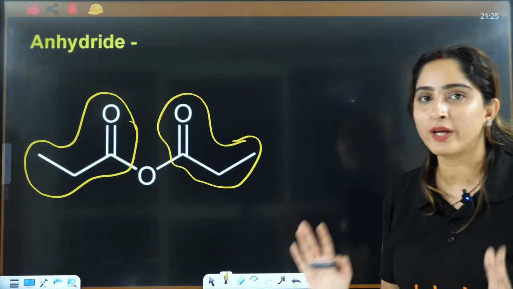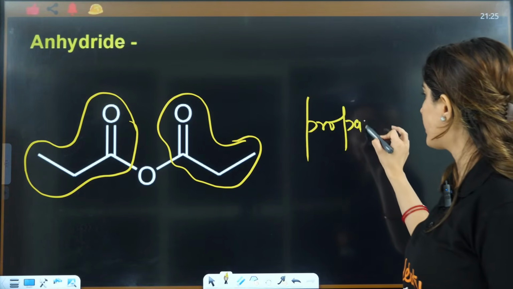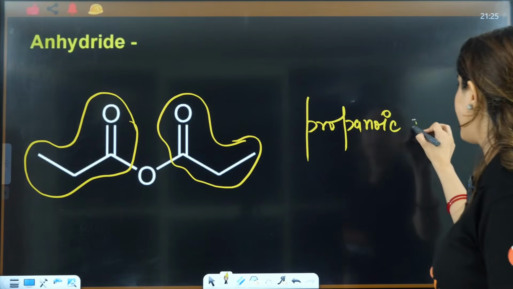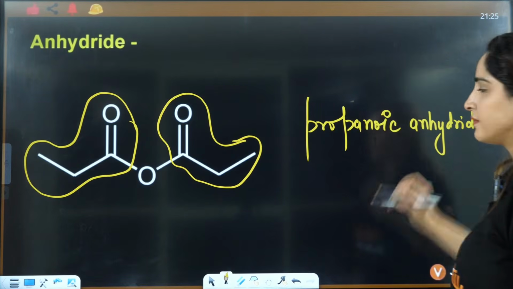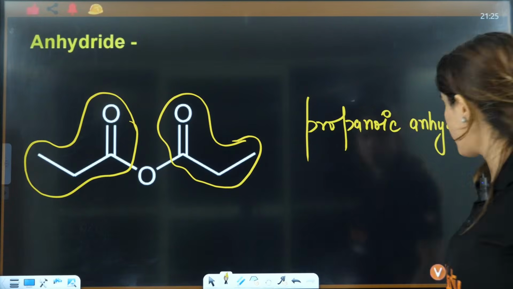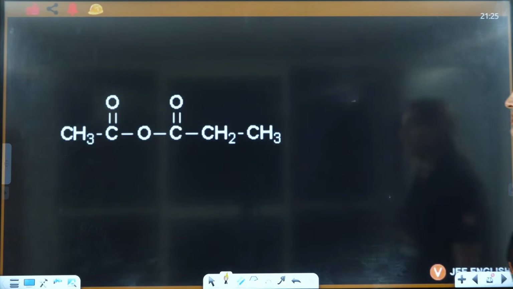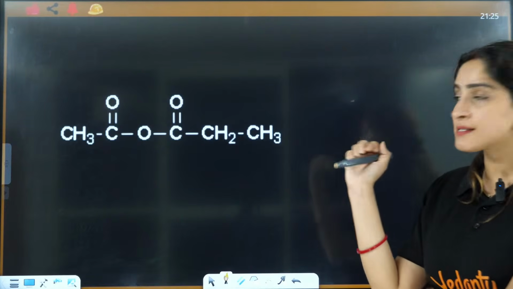From 2 propanoic acids it is made up of, so instead of acid you will write anhydride: propanoic anhydride.